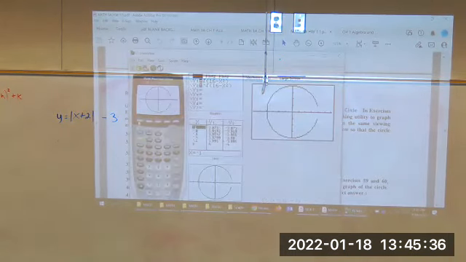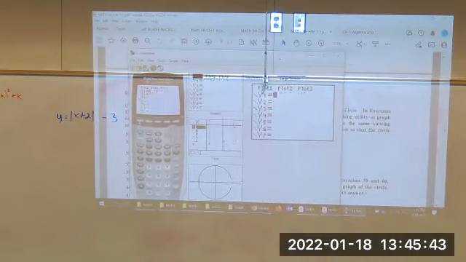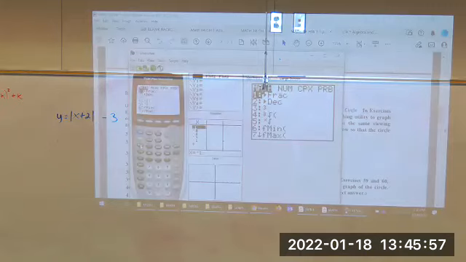So, equations. Okay, so y equals the absolute value is going to be right here under math. Under math, you slide over 1 to number, and you enter.